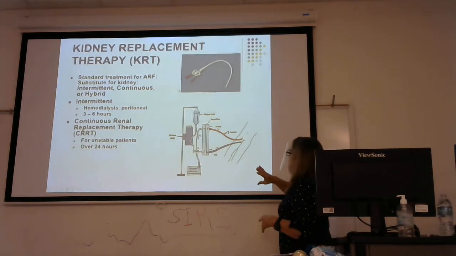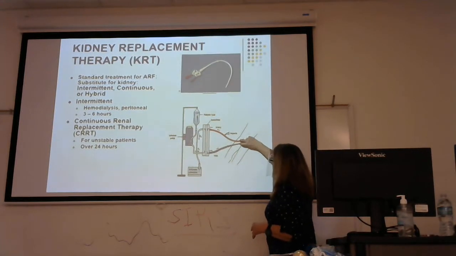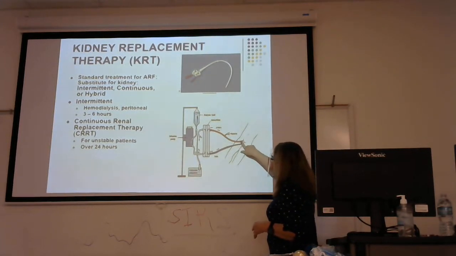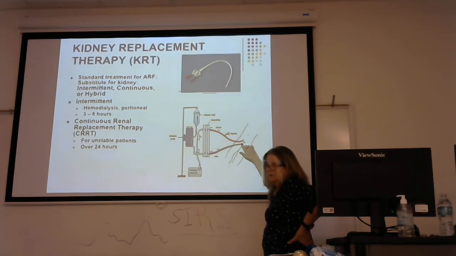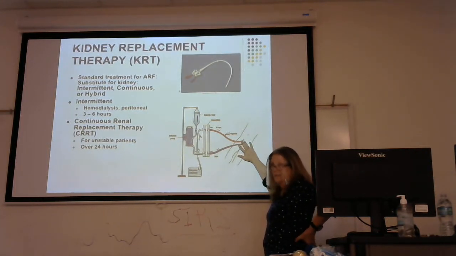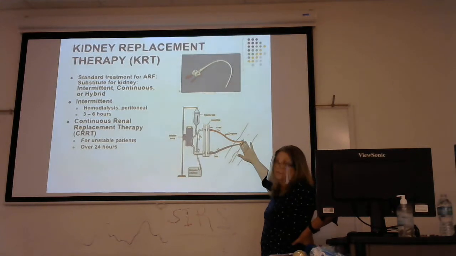So they work about the same. This is if I were to do hemo. They access the femoral artery and femoral vein. It's temporary. If you're going to put somebody on hemodialysis permanently, they're going to have a fistula or a graft. But we hope that acute kidney injury patients, it will be temporary.